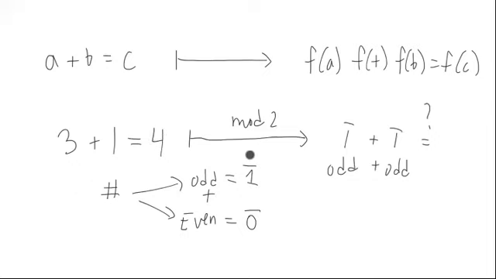This is going to be even, so 0 bar. And is it true? Well, mod 2 arithmetic means yes, and an odd number plus an odd number is always an even number. Yes, so it works. So the addition structure was successfully transferred in this particular case.